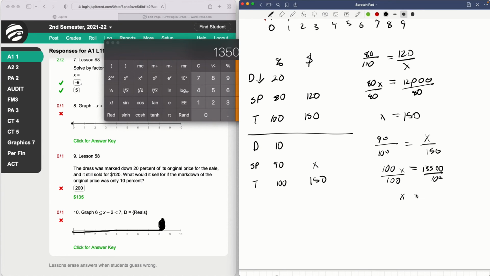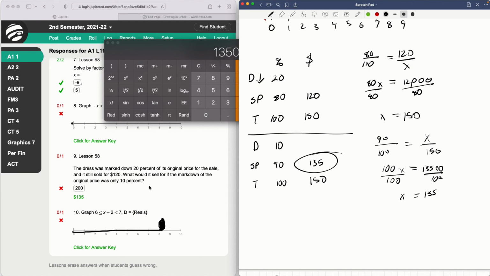That means X is going to be, we'll take those two zeros off, 135. So 10% off would be $135. And that is the amount we would have here. Ta-da! It's not so hard.